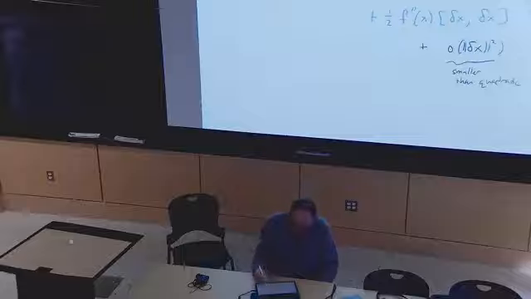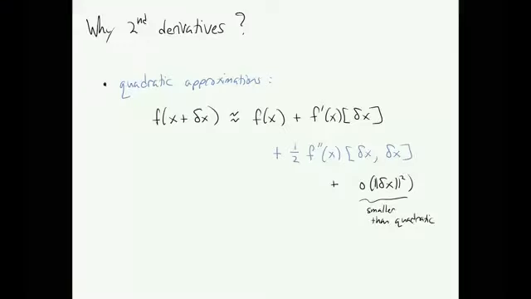So if we take the second derivative with respect to delta x, you had better get back to f double prime of x.